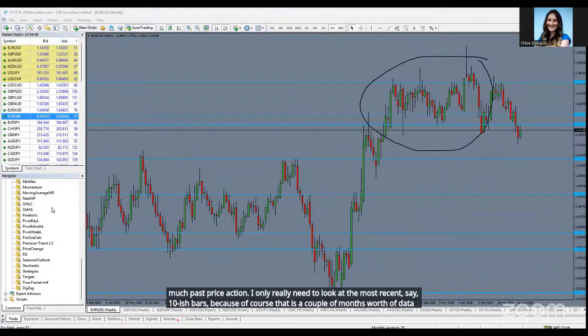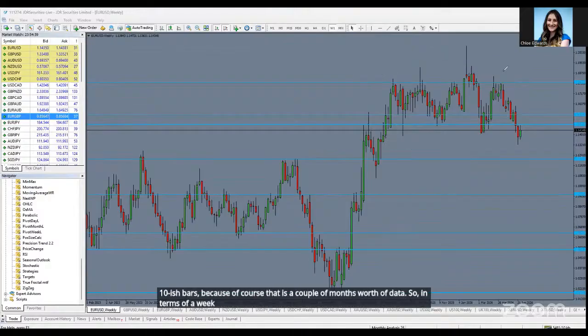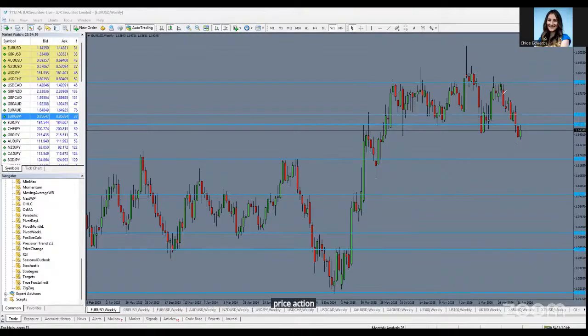So in terms of a weekly trend, I'm only really looking at the most recent price action here and whether I see higher highs and higher lows or lower highs and lower lows. And what I see are lower highs and lower lows.